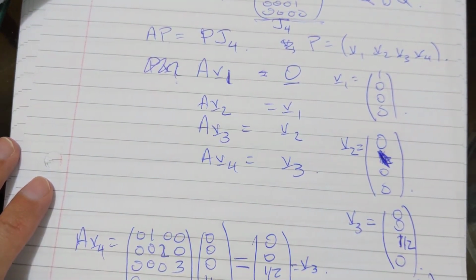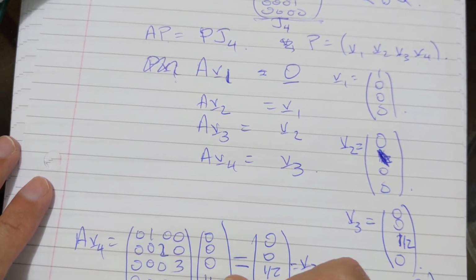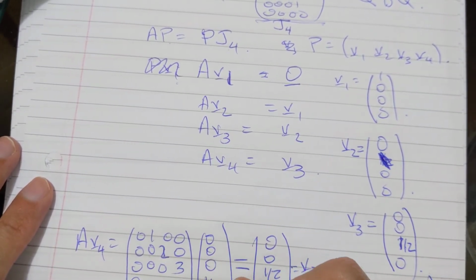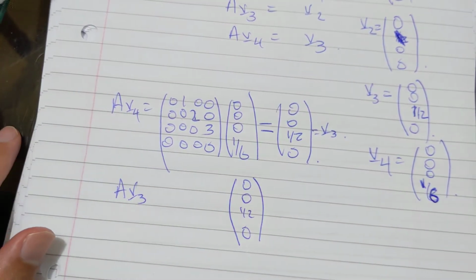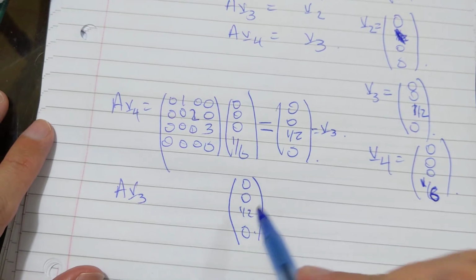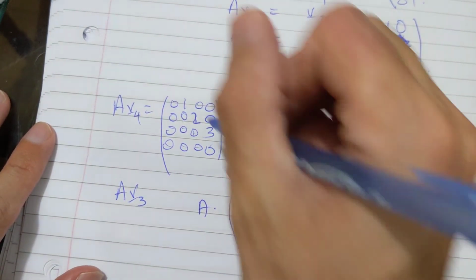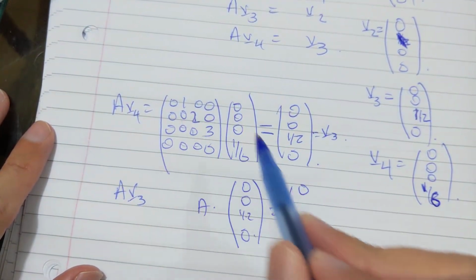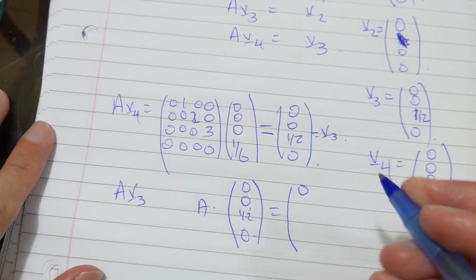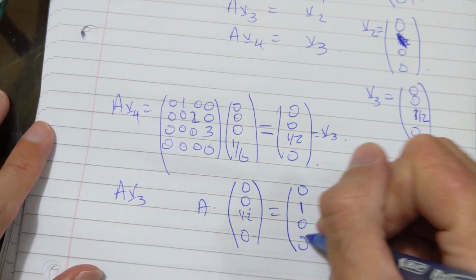And when I do AV3, I'll just rewrite V3. When I do A times V3, this times the first row is 0. This times the second row is 0 plus 0 plus 2 times a half plus 0. That's 1, and then the rest are zeros.